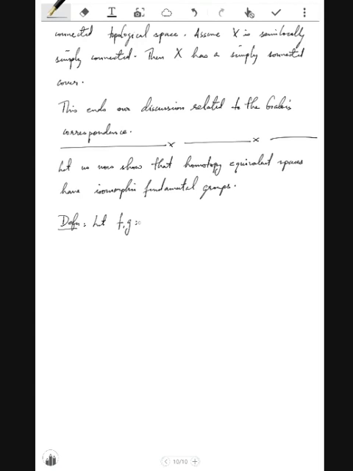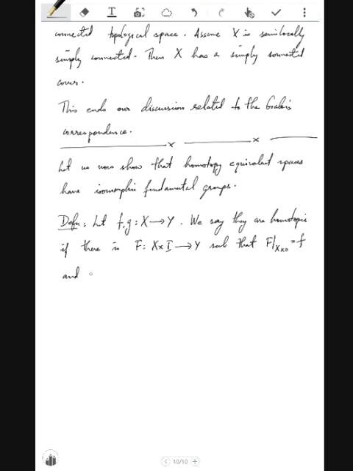Let f and g be maps from X to Y. We say they are homotopic if there is F from X cross I to Y such that F restricted to X cross 0 is f and F restricted to X cross 1 is g.